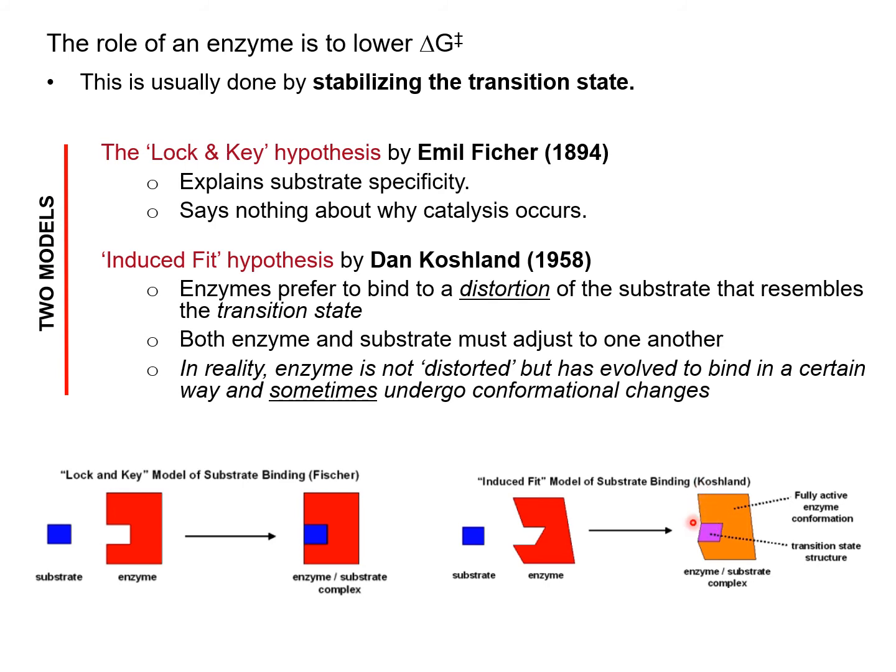So they're going to have a sort of conformational change to get to the transition state and accelerate this reaction. But in reality, the enzyme is not distorted, but has evolved to bind in a certain way and sometimes undergo conformational changes to best fit the transition state. And we're going to discuss more about this with an example in the following slides.